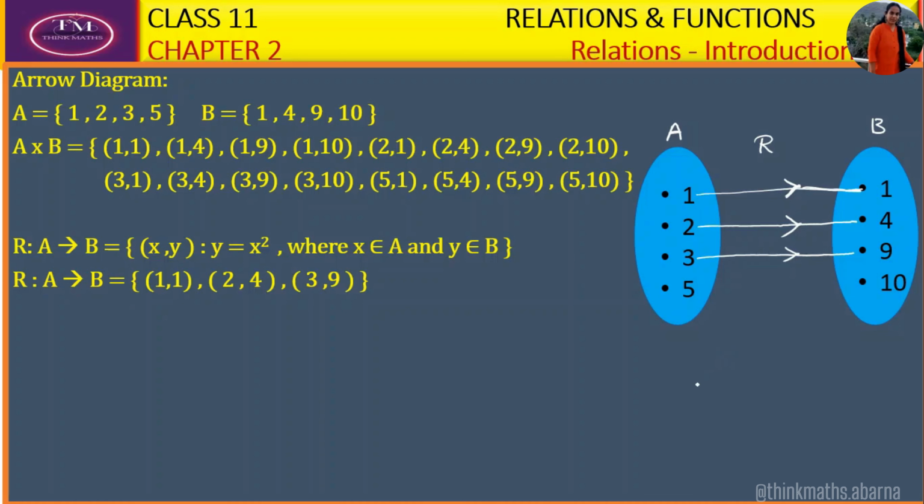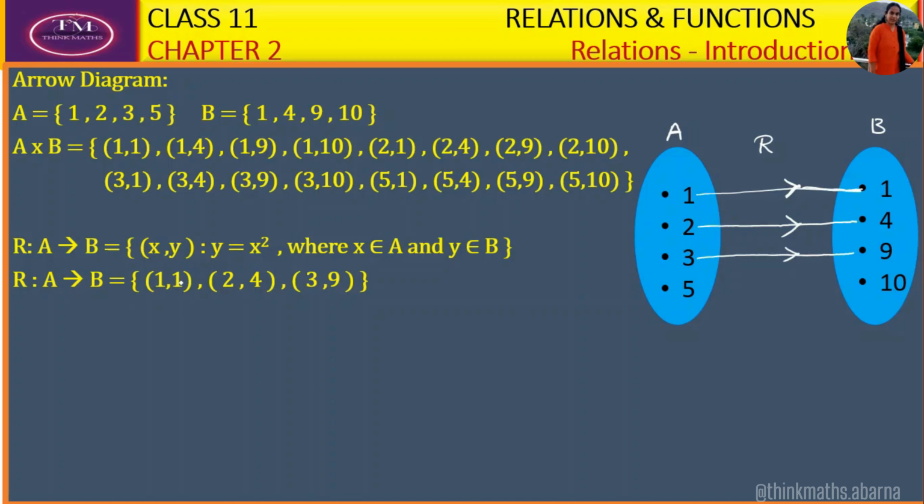Okay, children? Understood? So take two oval shapes. One is set A and another is set B. Write all the elements of set A and all the elements of set B inside the ovals. Then we mark the ordered pairs using arrows.